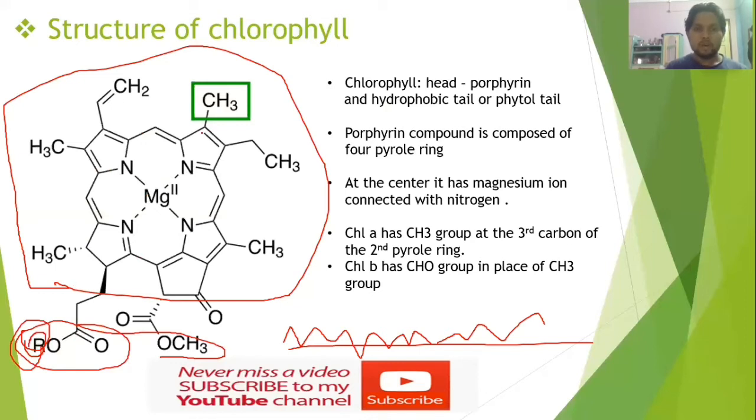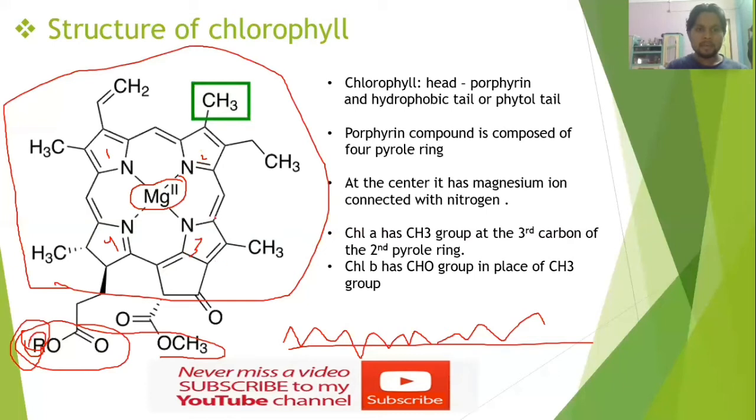In the chlorophyll head we have a magnesium ion. First, you see in the chlorophyll head we have four chiral rings: one, two, three, and four. We have four rings in the chlorophyll porphyrin head.